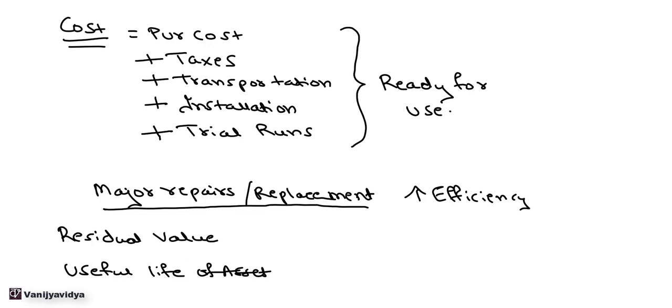And there are different ways, knowing the industry standard, what is the useful life of the asset. In this way, the useful life of the asset can be estimated. Now, this cost is actual, this residual value is estimated, and useful life of the asset is also estimated. So, depreciation is calculated on the basis of these three components, that is cost, residual value, and the useful life of the asset.